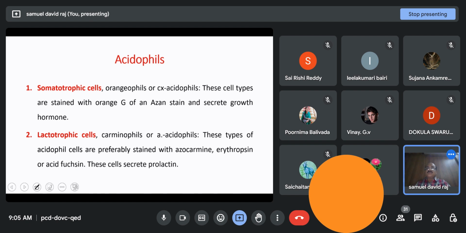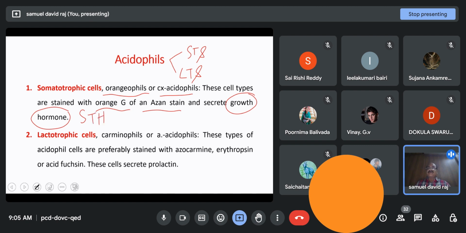One is somatotrophic cells, simply called somatotrophs, and the other is lactotrophic cells, or lactotrophs. Somatotrophic cells are also called orangiophils, because they can be stained with orange G of an azan stain, or they can be called acidophils, and they secrete growth hormone or somatotrophic hormone.